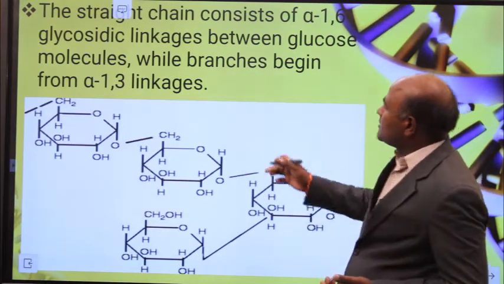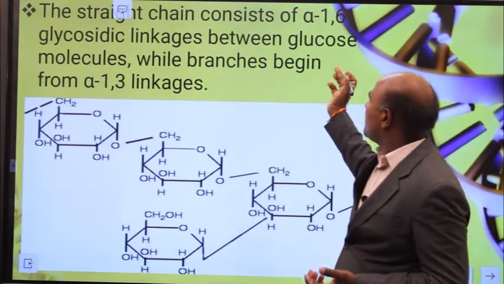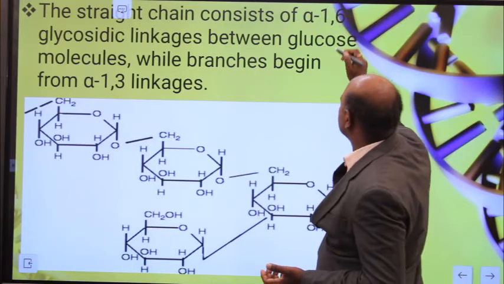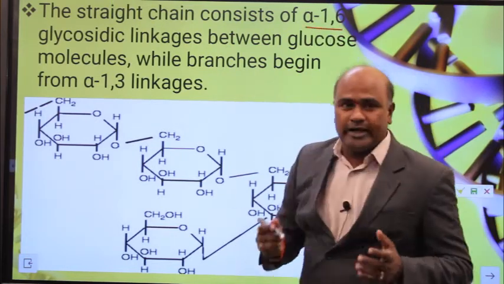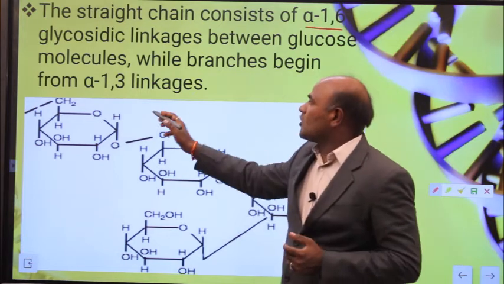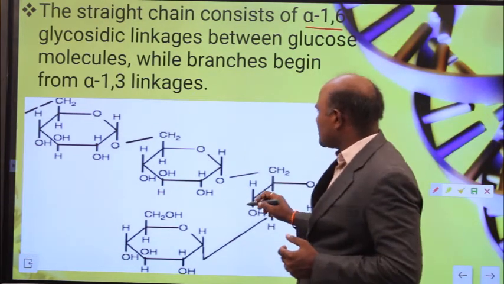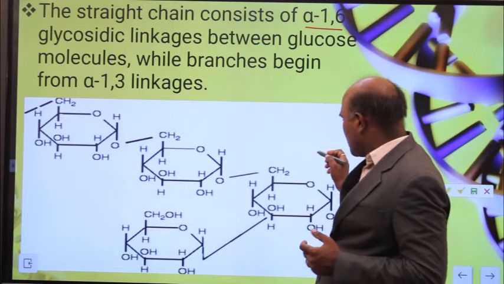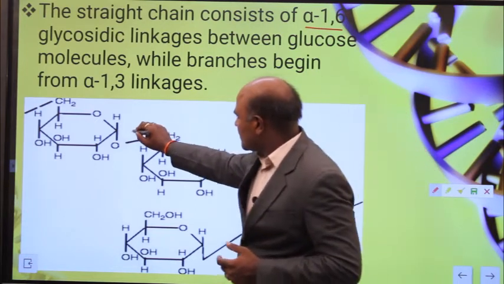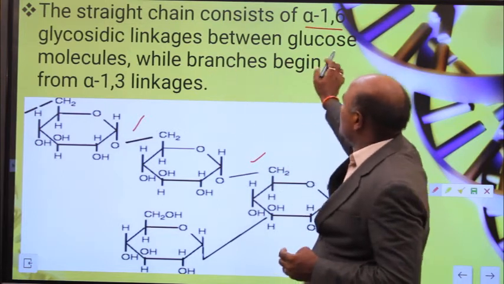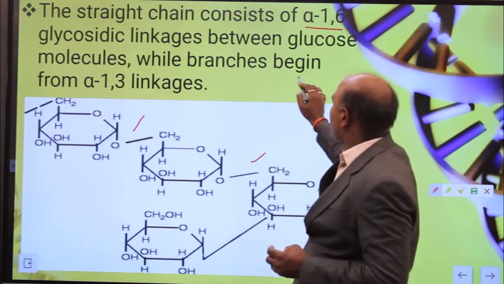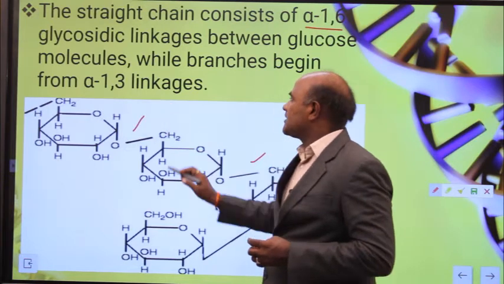The straight chain consists of alpha 1,6 glycosidic linkages between glucose molecules. You can see here the alpha 1,6 linkages, while the branches begin from alpha 1,3 linkages.